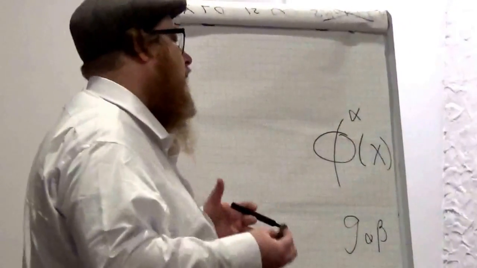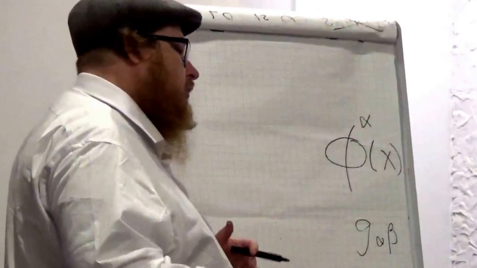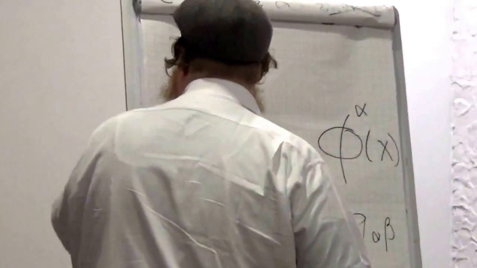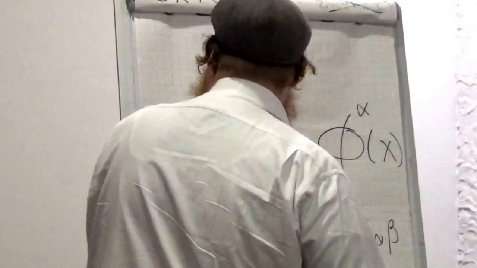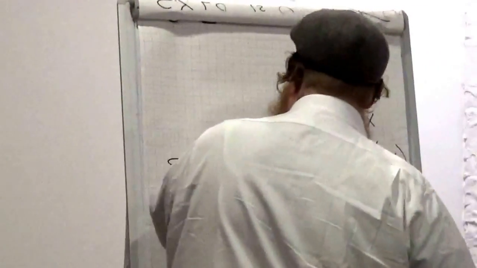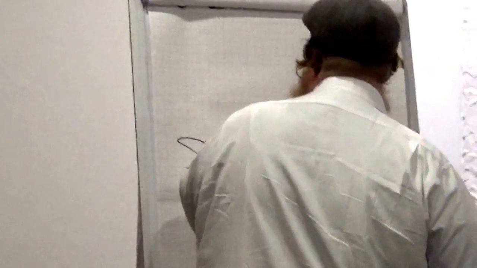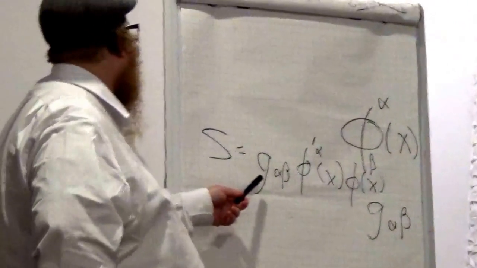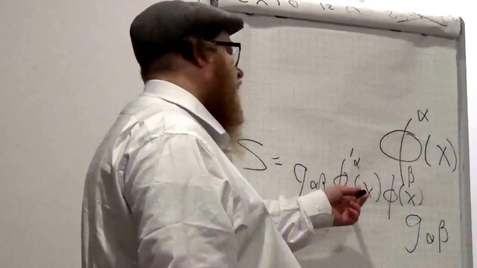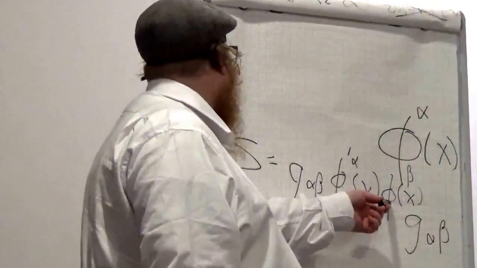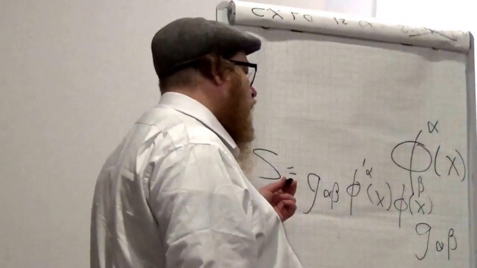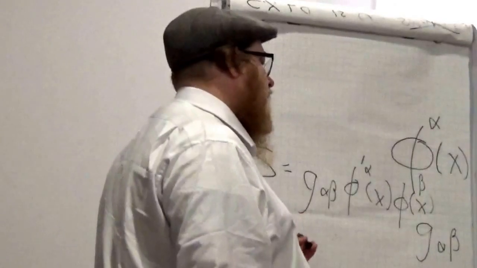And I define my metric in terms of my scattering matrix. So essentially, we take this here and we say, okay, here we have a transition where the metric contracted with the final state and the initial state gives you S, which is the probability amplitude of that particular transition.